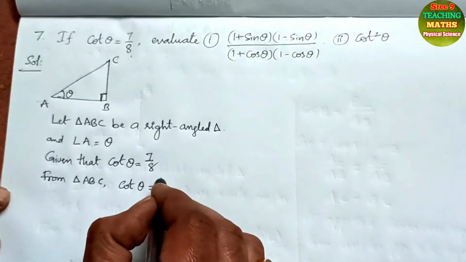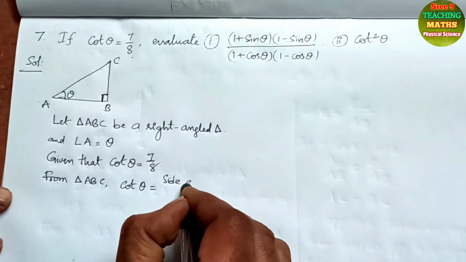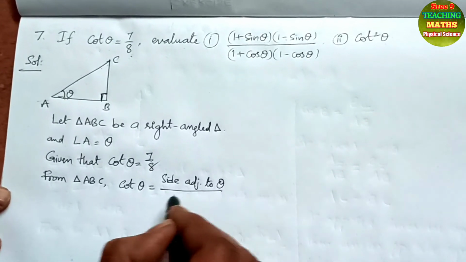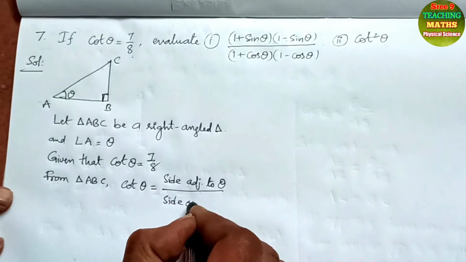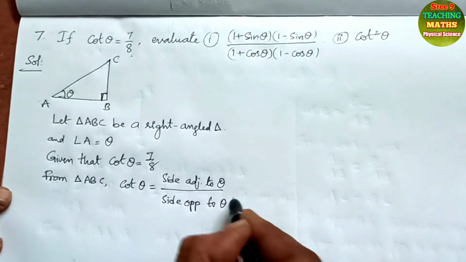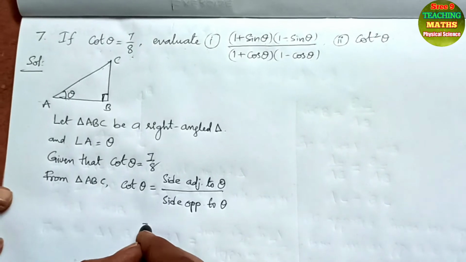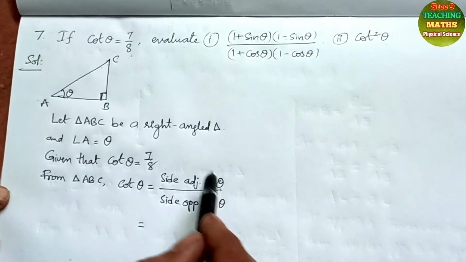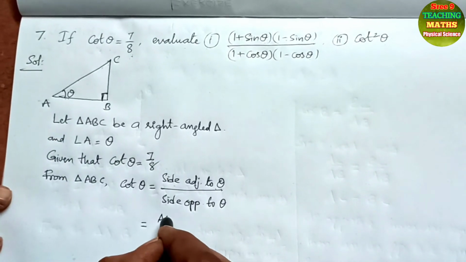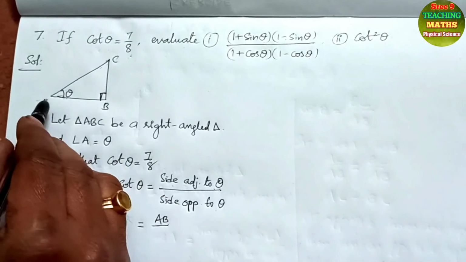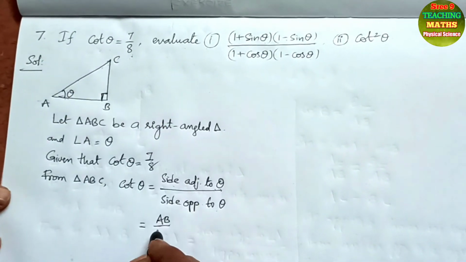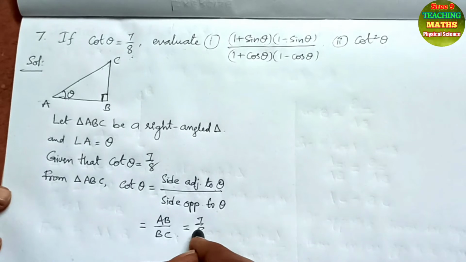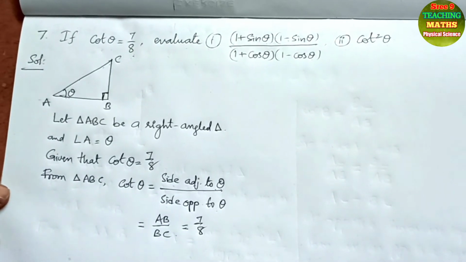Now what is the formula? Cot theta is equal to side adjacent to theta by side opposite to theta. In this figure, the side adjacent to theta is AB, by the side opposite to theta, that is BC, which is equal to 7 by 8.